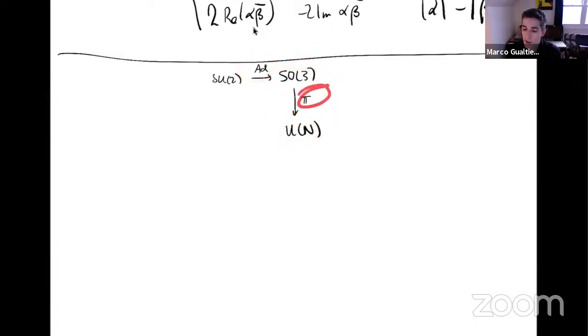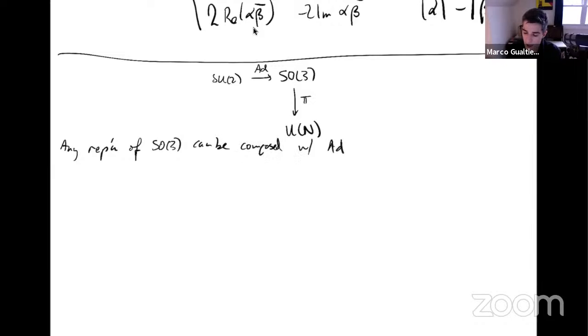So if I have a representation of SO3, I can definitely compose it with this, and I will get a representation of SU2. So any representation of SO3 can be composed with the adjoint action, and this will give a representation of SU2. Okay, but the opposite is not the case.